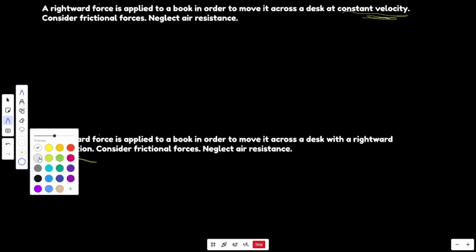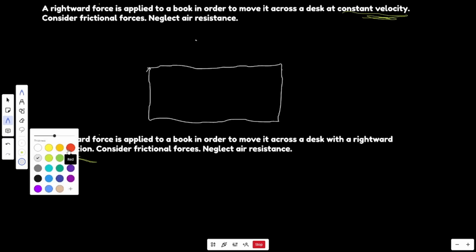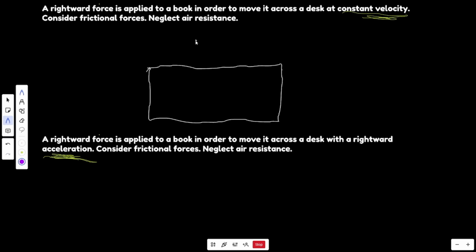So first, let's try making the most basic part, which is just the box, the book rather, and the table. So we'll just go ahead and make our object. Let's make it purple this time. Okay, so we can see already that the desk itself is made, the object is made, so now we're just lacking our forces.